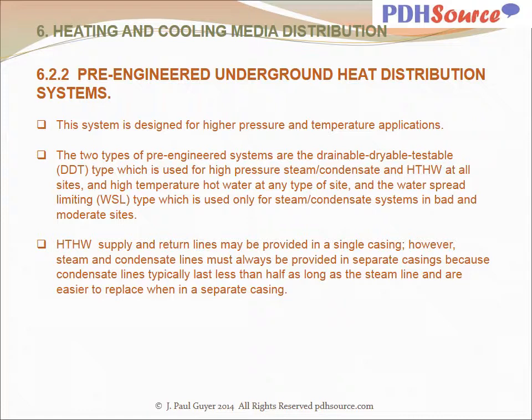High temperature hot water supply and return lines may be provided in a single casing. However, steam and condensate lines must always be provided in separate casings because condensate lines typically last less than half as long as the steam line and are easier to replace when in a separate casing.